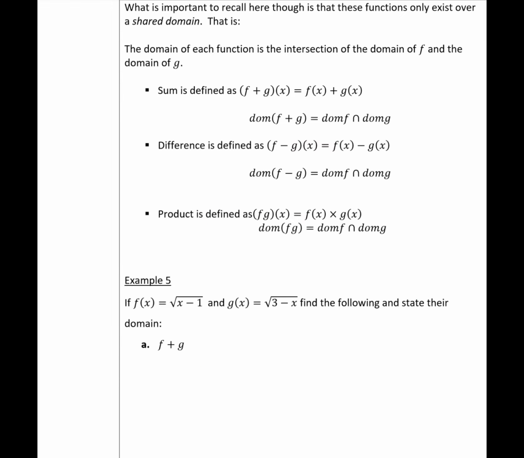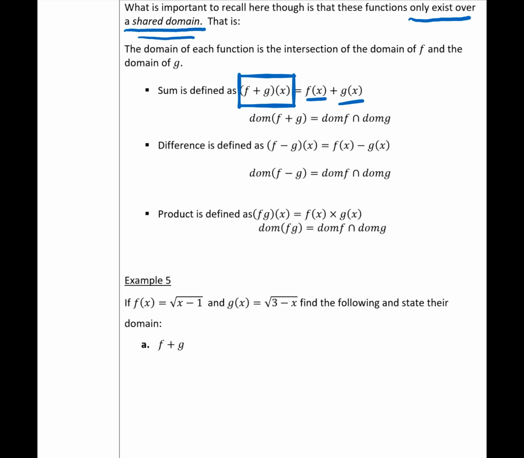Now, the second part to this video, we're going to have a look at the sum and difference of functions. And there's a few things to remember. Most importantly, if we're adding or subtracting functions, so the sum or the difference, we need to know that these functions only exist over a shared domain. So we could write f of x plus g of x, or we could write something like this as f plus g x.